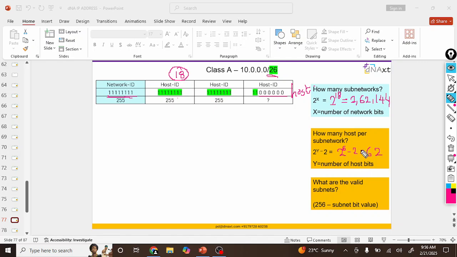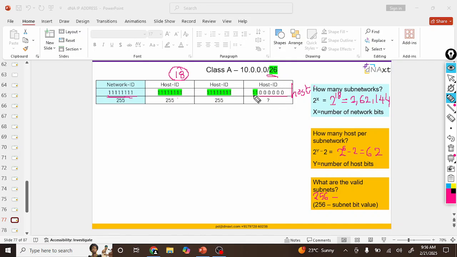Why are we subtracting 2 here? Because in each subnetwork, one will be your network ID and another will be your broadcast ID, and these IDs you cannot assign to your endpoints. What are the valid subnets? That is 256 minus the subnet bit value.